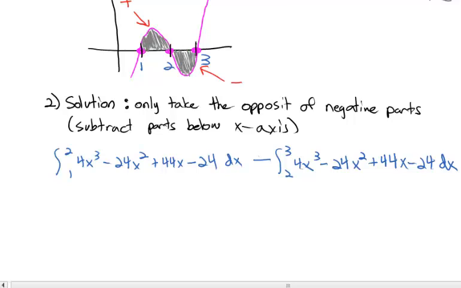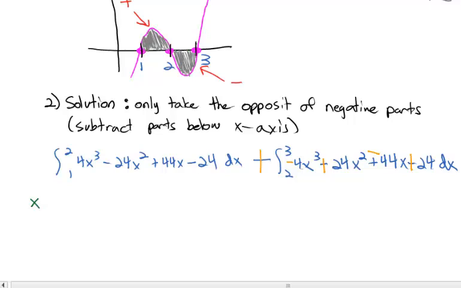These negatives get really ugly, so I always distribute the negative through the integral. So I'm going to make that plus negative 4x cubed, positive 24x squared, negative 44x, positive 24. Distribute that negative through so we don't have to worry about sign problems.